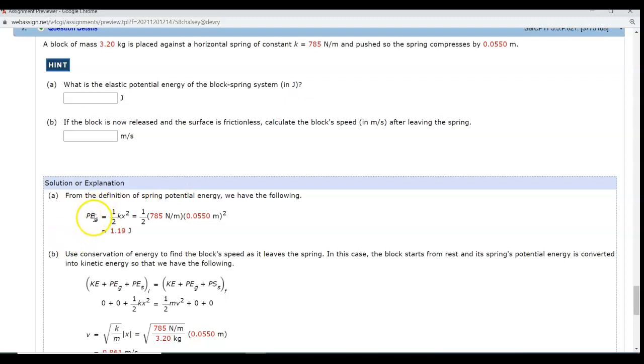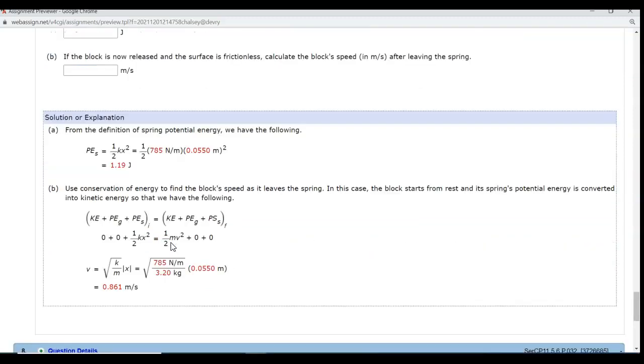Okay, so the potential energy of the system is 1/2 times K times x squared. So 1/2 times the K that was given, the spring constant, times the distance it was compressed squared, and we get 1.19 joules.